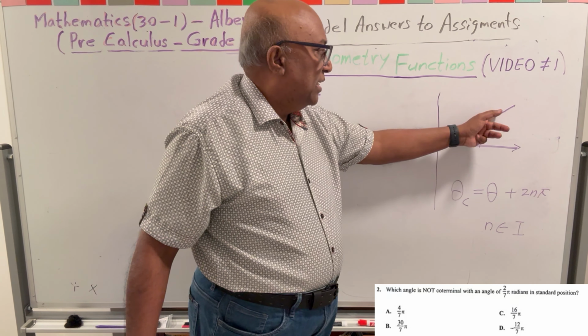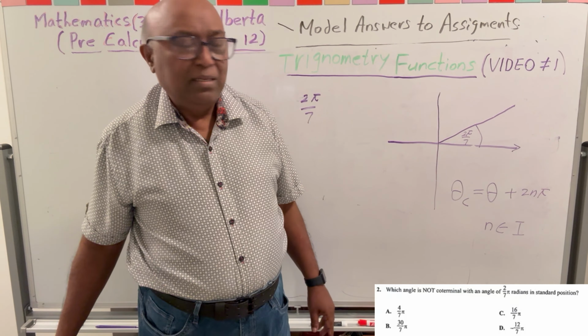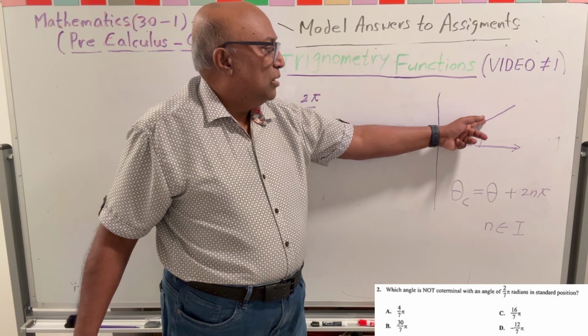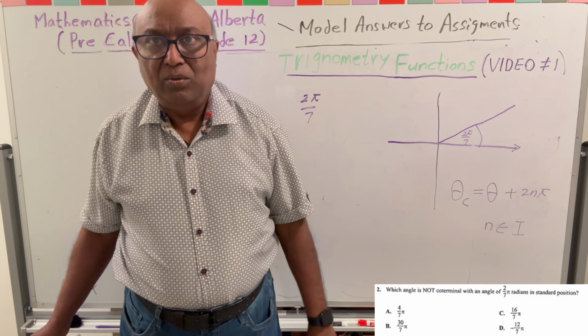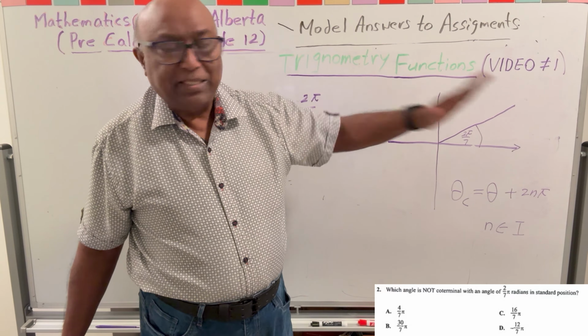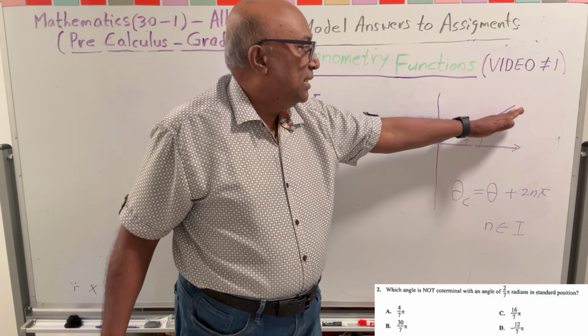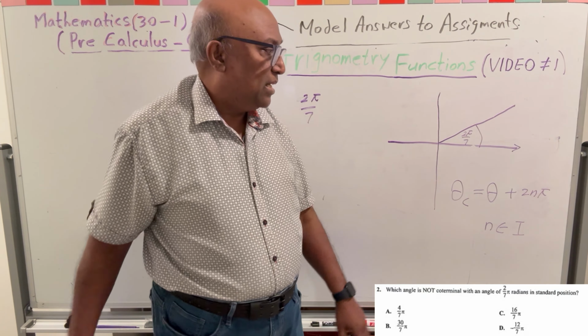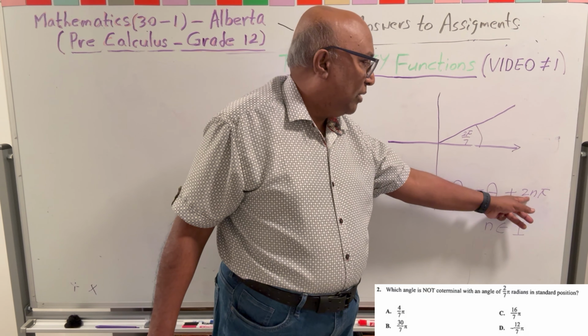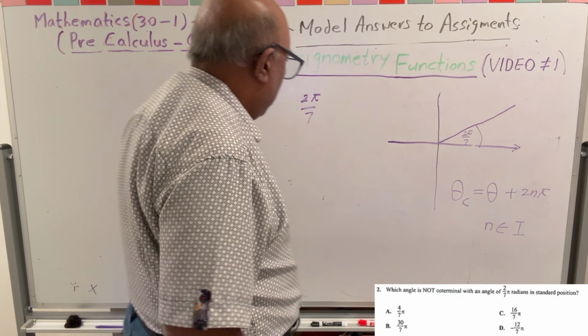What does coterminal mean? That means the angle coincides with the same position of the terminal arm. All these angles represent the same position of the terminal arm. There are an infinite number of coterminal angles. By putting various values, you can get those values.